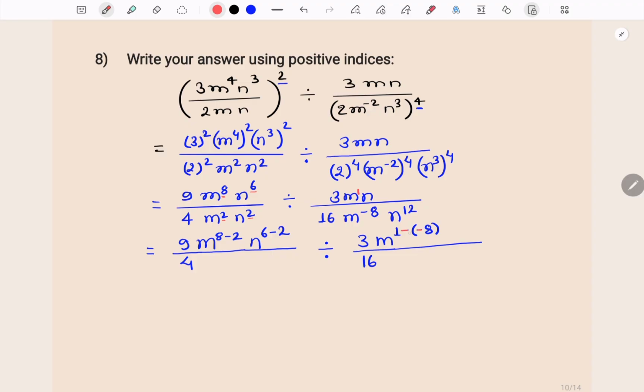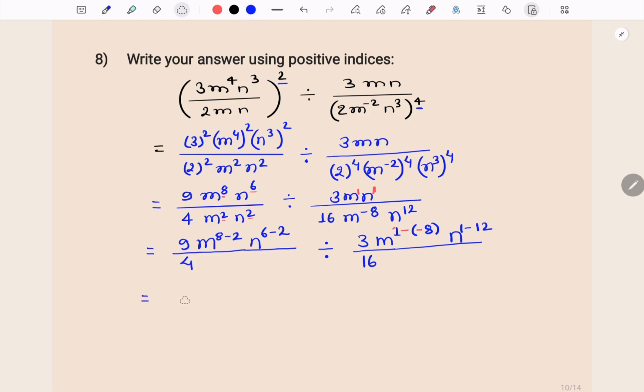So we have subtracted these powers 1 and minus 8. Okay. Now we have n. So here the power of n is 1, and in the denominator the power of n is 12. So let's subtract the powers. We have 1 minus 12.